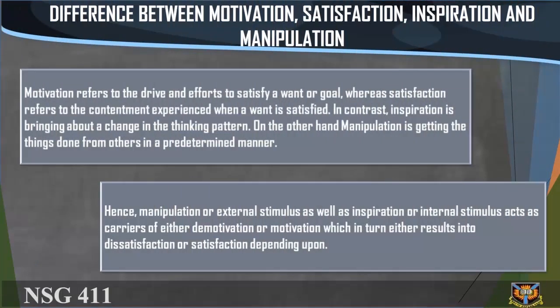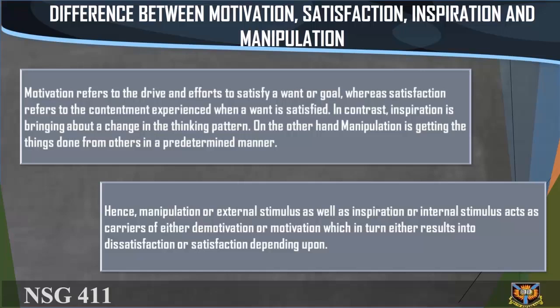Difference between motivation, satisfaction, inspiration, and manipulation. Motivation refers to the drive and effort to satisfy a want or goal, whereas satisfaction refers to the contentment experienced when a want is satisfied. In contrast, inspiration is bringing about a change in the thinking pattern.